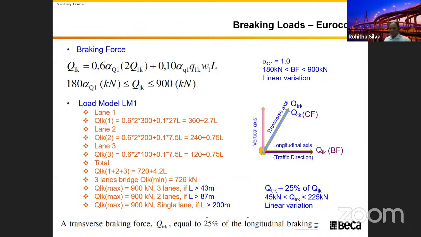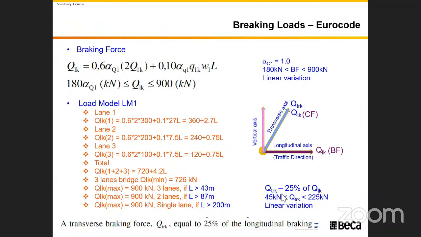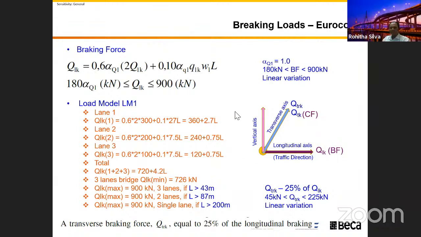But if it is not specified in the design codes, you have to design at least for this one based on the braking force, irrespective of the curvature, right? Any question about braking load?